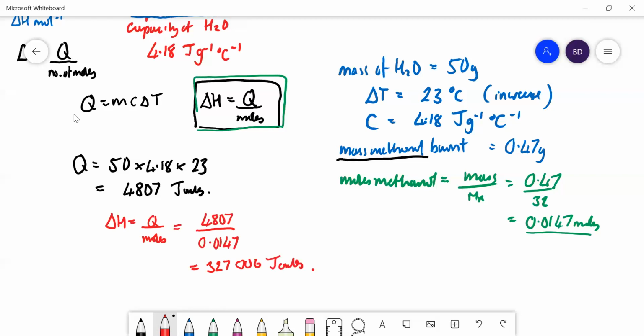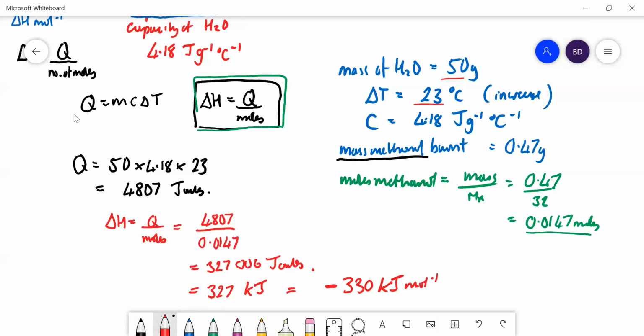We want to express that as kilojoules, so that's 327 kilojoules. I've been a little bit naughty there because we've only been given some things to 2 sig figs, so I should really say 330 kilojoules. And because it's exothermic, I should not forget to put in that minus sign.